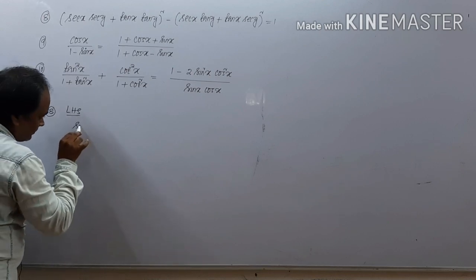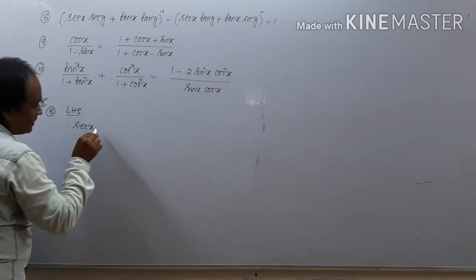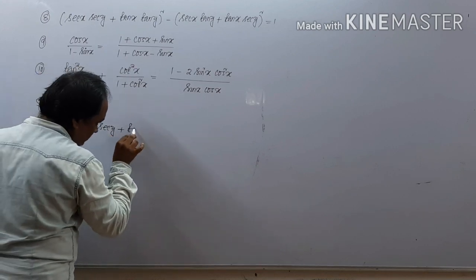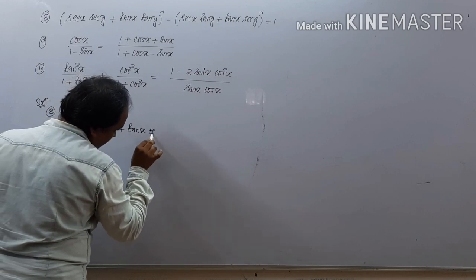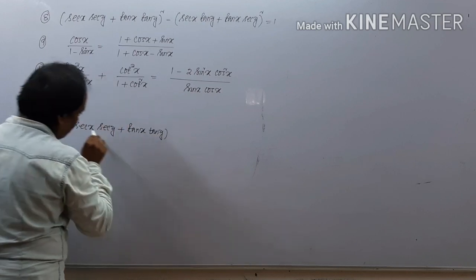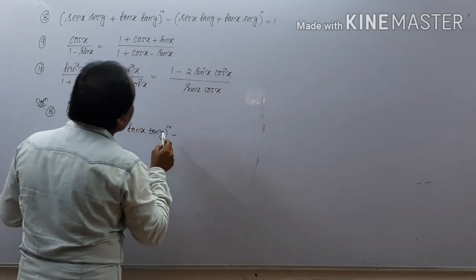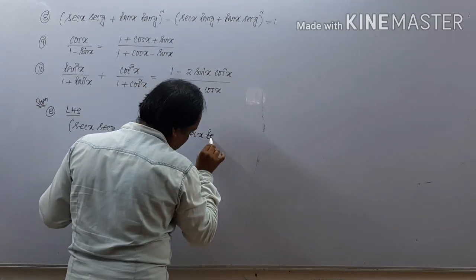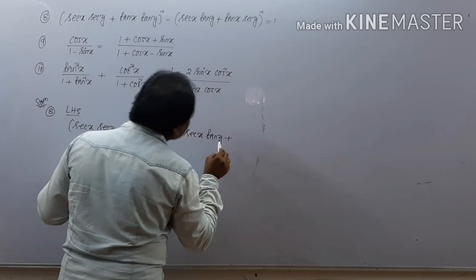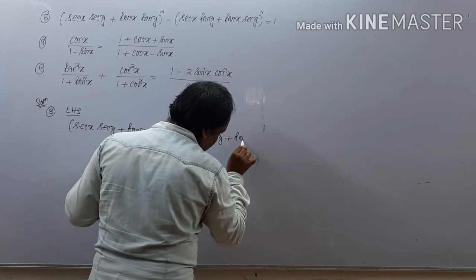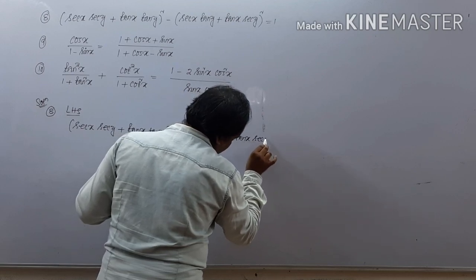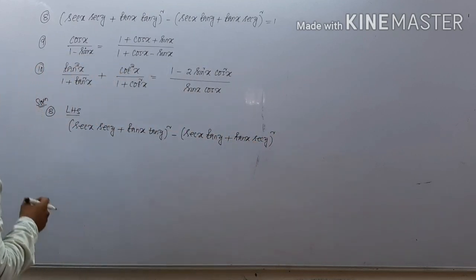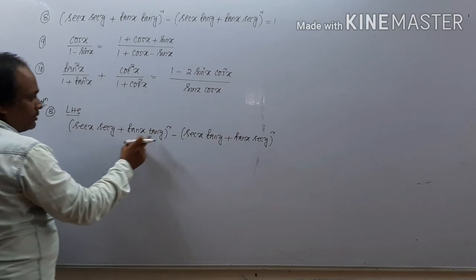So what is LHS? (sec x sec y plus tan x tan y) whole square minus (sec x tan y plus tan x sec y) whole square, right. Here I will apply a plus b whole square formula.